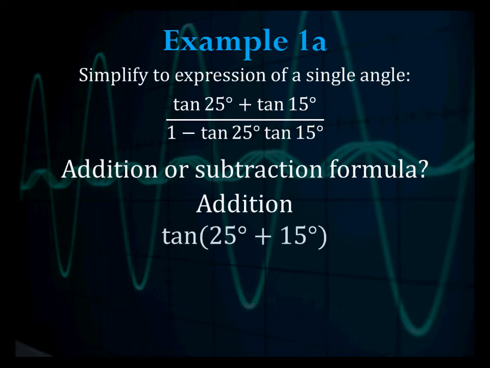So all you have to do at this point is add the two angles together. This expression is equal to the tangent of 25 degrees plus 15, which comes out to tangent of 40. You do not have to solve for that. This is the answer that they want, an expression of a single angle, which is 40 degrees. So identify which formula you are using here. Look at the numerator sign and the denominator sign and draw your correct conclusion.